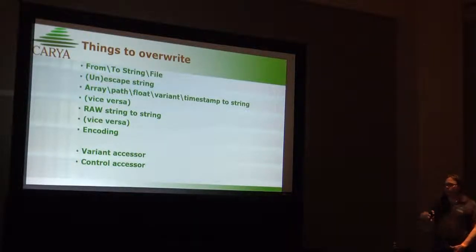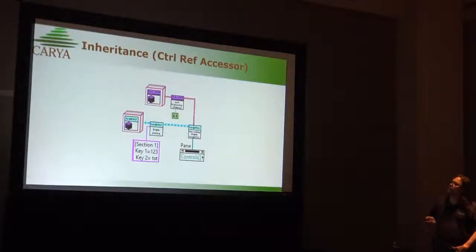You can simply make a child from my library and say, okay, I override the toString function, and the entire library can stay the same. And just by using your objects instead of the parent objects, you get that functionality. And you can do that for all the conversion things. I'll show a few examples.